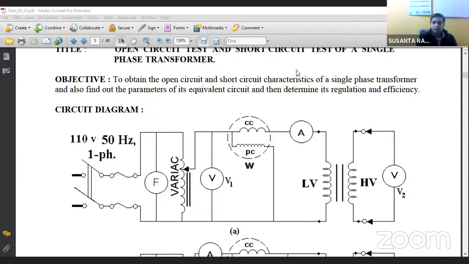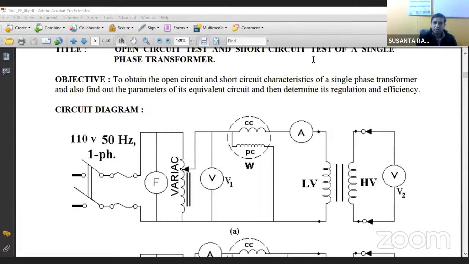Okay. Now I can ask you a question. I also forgot to mention a very important point: the open circuit test should be performed at rated voltage only.